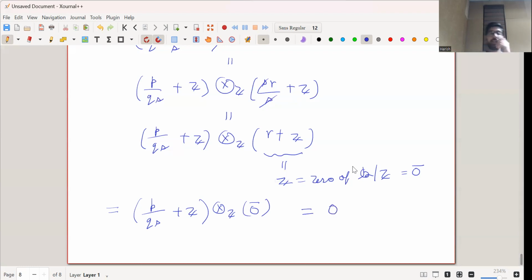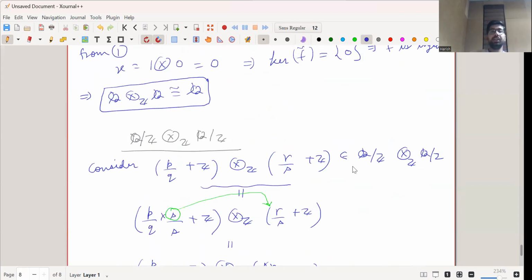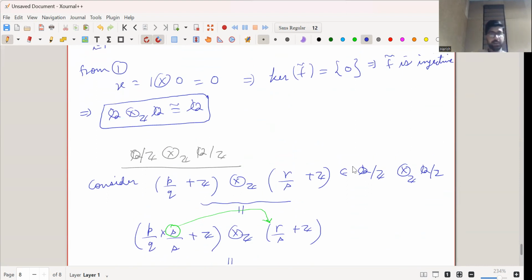So although we are taking the tensor product of two infinite modules, here we get 0 because one of the modules has elements of finite order. All elements are of finite order in Q/Z, even if it's an infinite group. So that's the property that we are using.